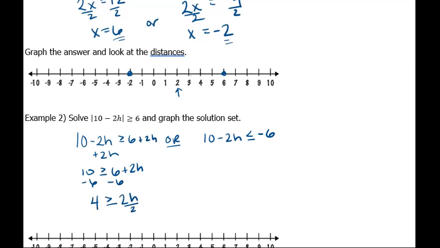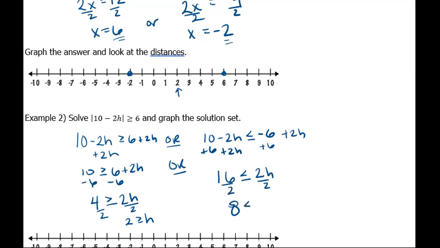And now last, I'm going to divide by 2. Or doing the same thing over here, add a 2h and add a 6. Adding a 6 here is going to give me 16. 2h, divide by 2, and I get 8 is less than or equal to h.